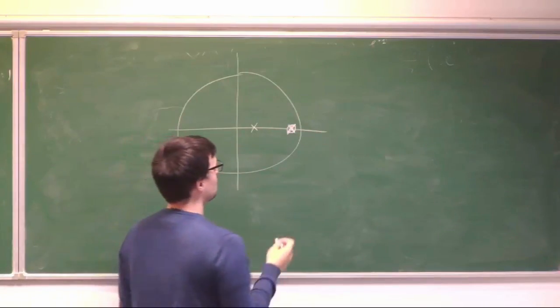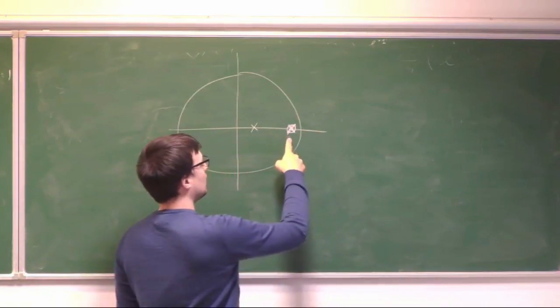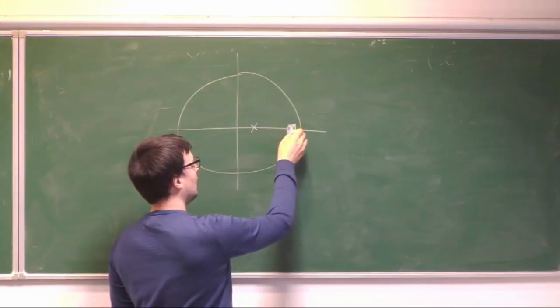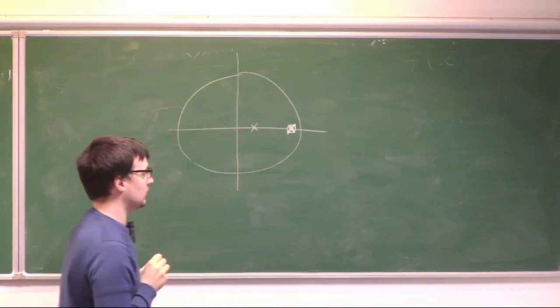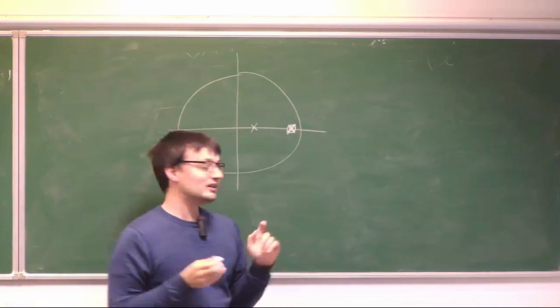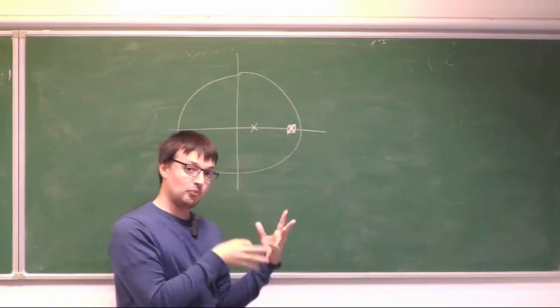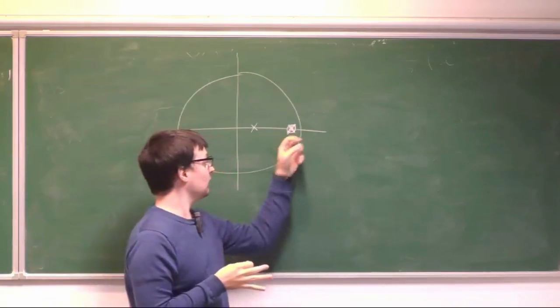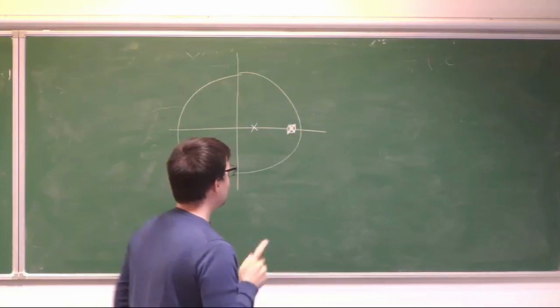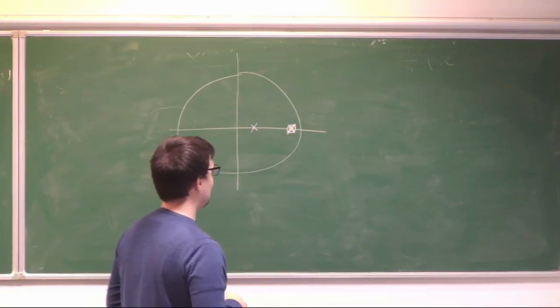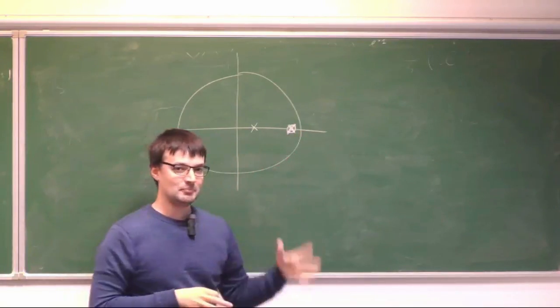So now what you are doing is designing a controller that cancels this pole, and it will move it closer to 0. This is possible, you can do it, because this is a stable pole, so the cancellation of this pole is allowed. However, in discrete time, you have to keep in mind that everything is an approximation.